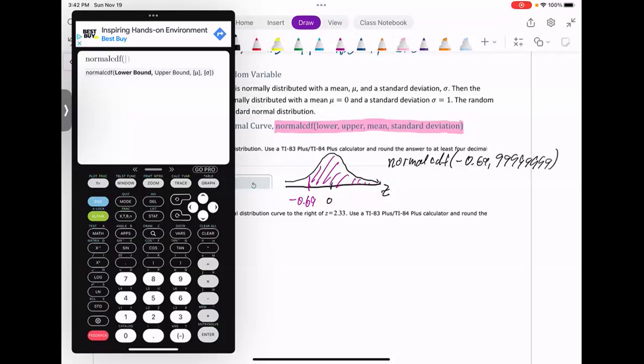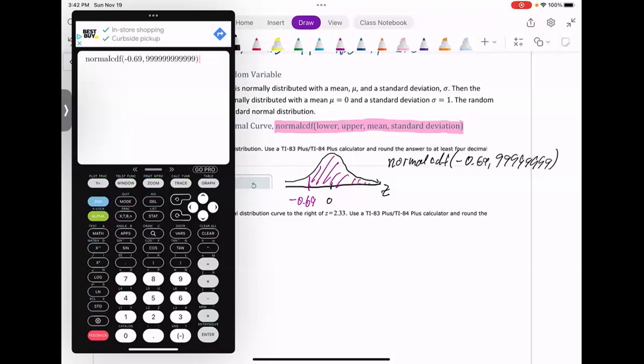Because it's standard normal, meaning the mean is 0 and standard deviation is 1, we don't need to put in the mean and the standard deviation. When that changes, then we'll have to adapt. So I'm going to type in negative 0.69, comma, 999999999.